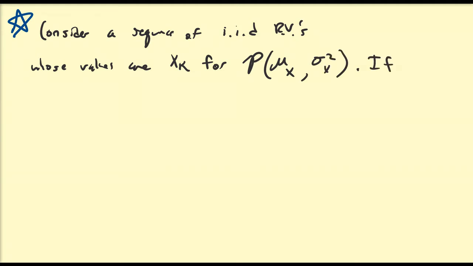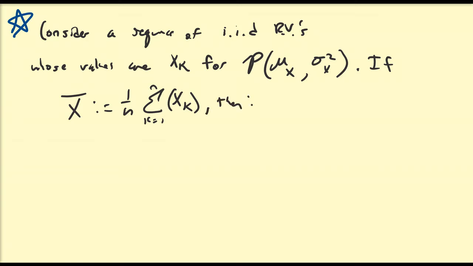And of course, we're going to define the random variable x bar to be equal to 1 divided by n times the sum from k equals 1 to n of these independent identically distributed random variables. Then the central limit theorem says the following three things hold.